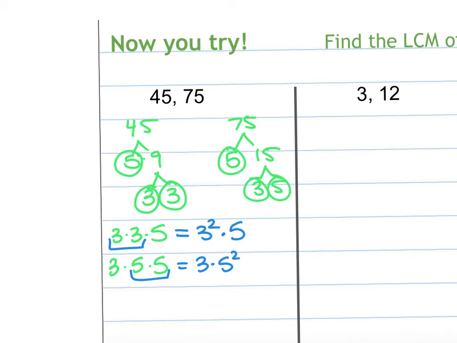So we talked about taking each factor that shows up to the highest power. So we want to consider them. So 3 shows up, but 45 has it to the second power. So I'm going to take that one. 5 shows up twice, but this one's to the highest power. So then I'm going to take 3 to the second power times 5 to the second power.